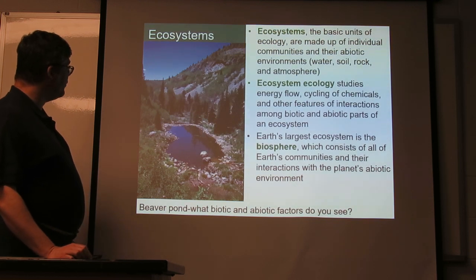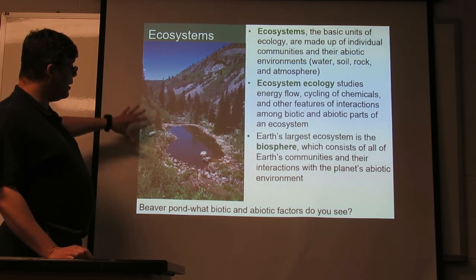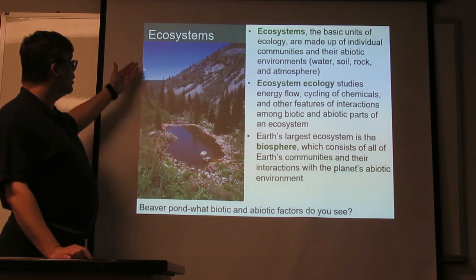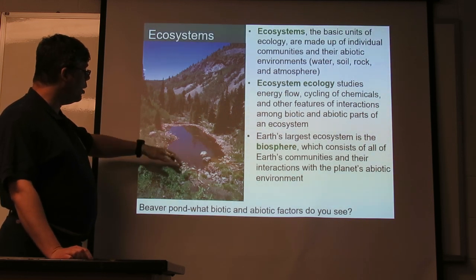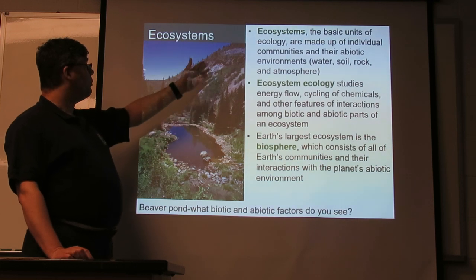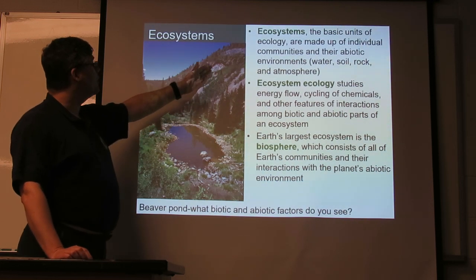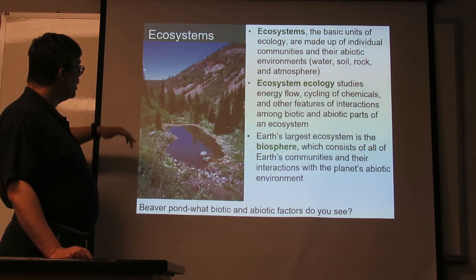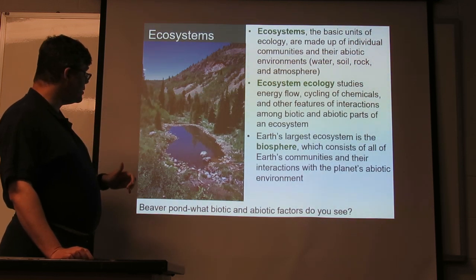Here's an example. We've got a beaver pond, and there are lots of different things present here. We have air, we have water, there are rocks, we've got different slopes going from cliffs to more gradual, a little flatter here. We have various types of plants.